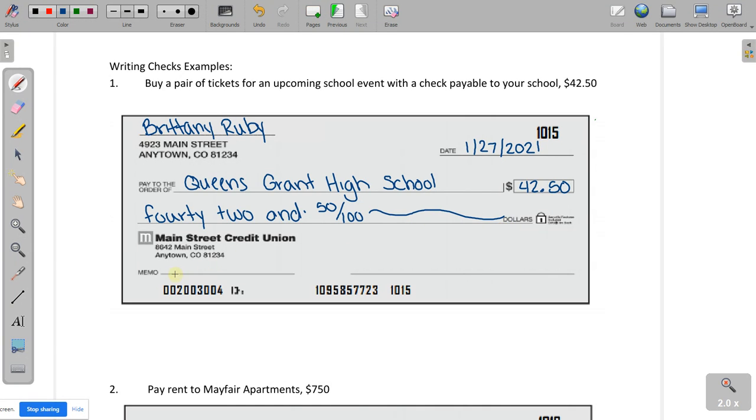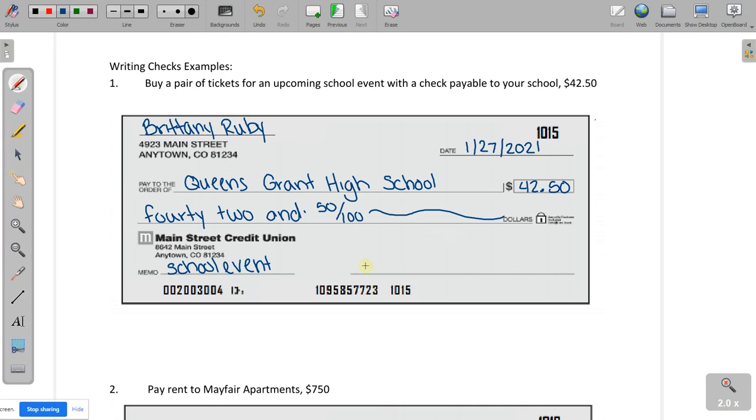Now we need to write our memo. This part's optional, but it's very helpful. So this check is going to a school event. So we're going to write that. It is also helpful for the person you're giving this check to so they know why you're paying them.